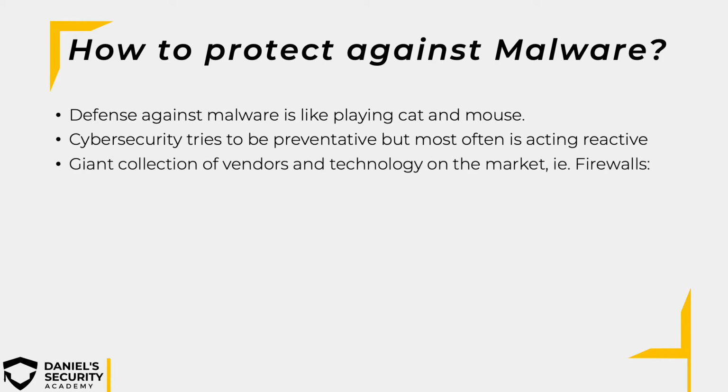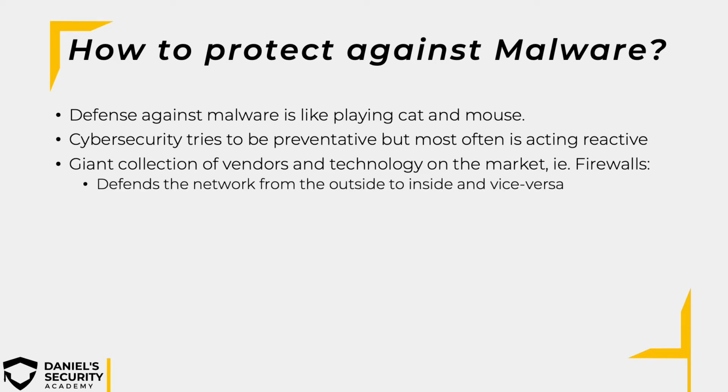And we have a giant collection of vendors and technology on the market to protect us against malware. I want to bring up one classic example, and because I come from a network background, it's quite obvious that I would pick the firewall.